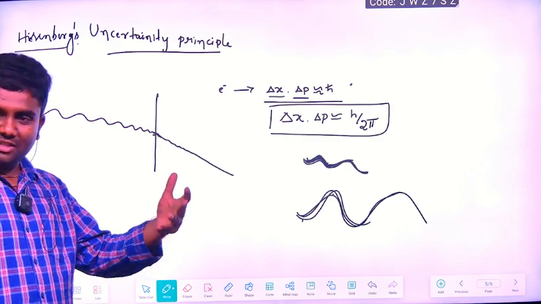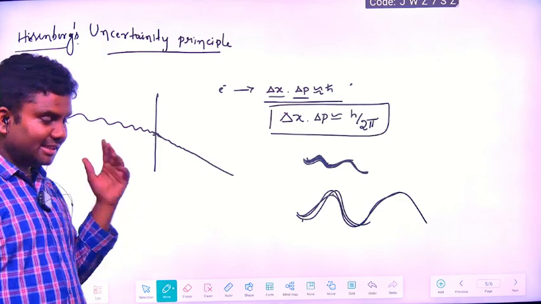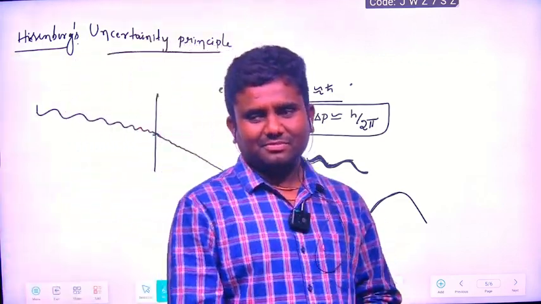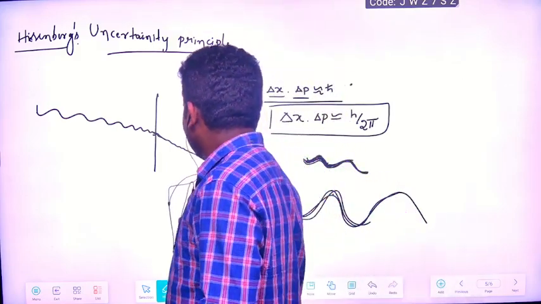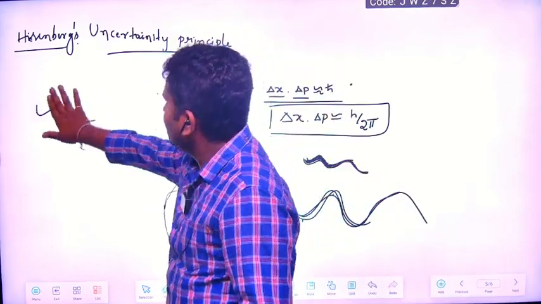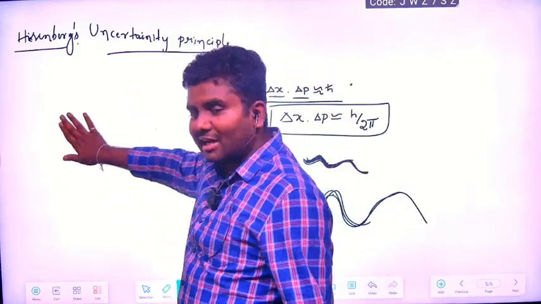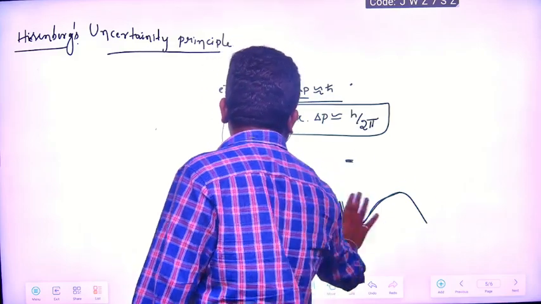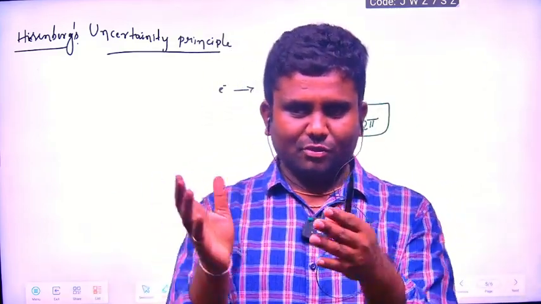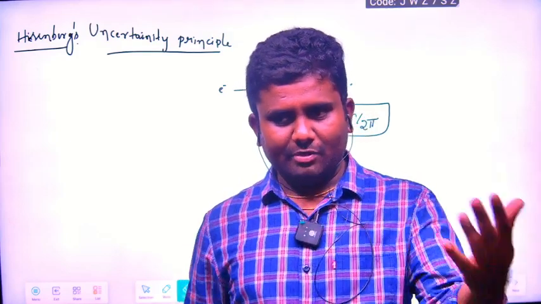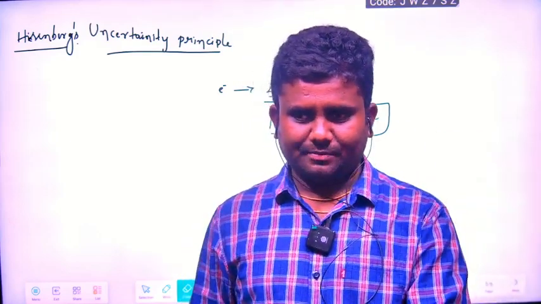The duality is there even in the electron, but in light, it is much more. That's why we cannot tell whether Newton's corpuscular theory is wrong or Huygens' wave theory is correct. You cannot tell. Both may be correct. If light is a particle, it will obey reflection and refraction.